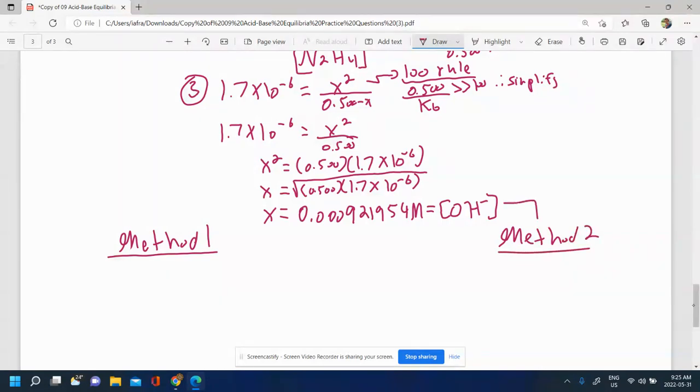It really is up to you, but you just need to realize that you can't find pH directly, so you have to do a couple extra steps.